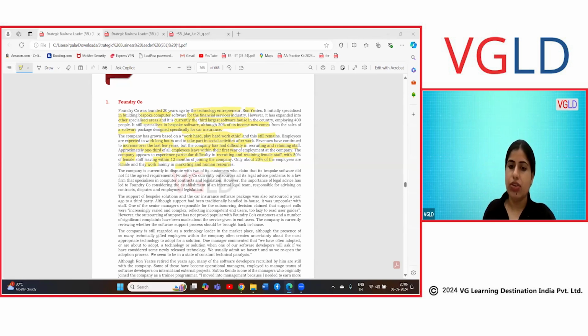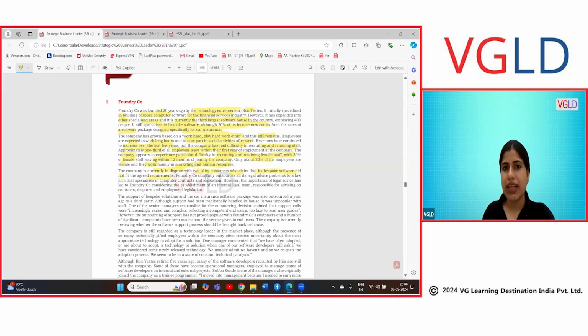Okay. So now next, the company is currently in dispute with two of its customers who claim that its bespoke software did not fit the agreed requirements.